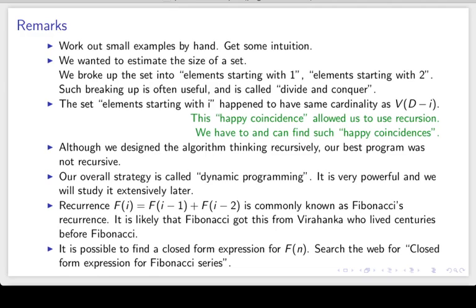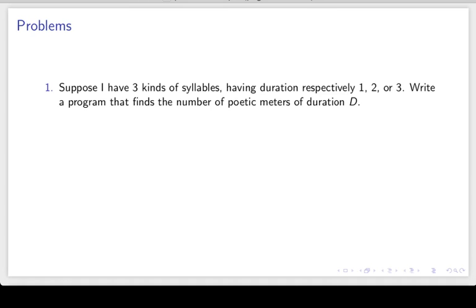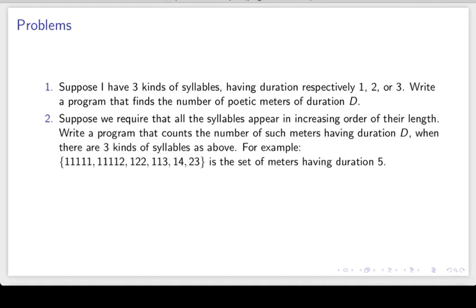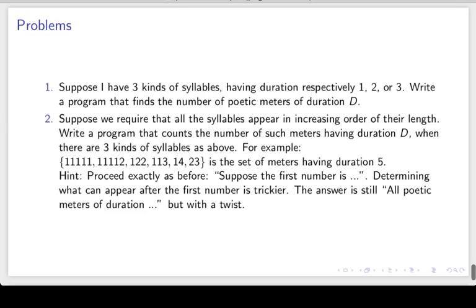All right. So that is the end of our first lecture, and I will stop over here with some problems. This is extending the problem if we have three kinds of syllables. I will leave you to solve these problems. Let me not explain them. There is a hint given, and of course, no solutions are given right now, but you should try them out anyway.